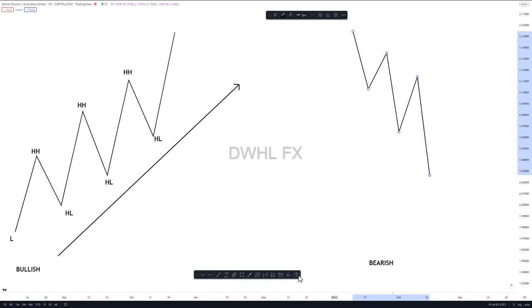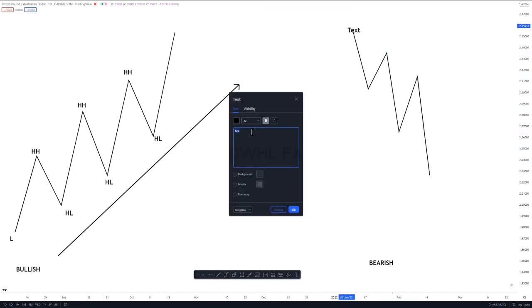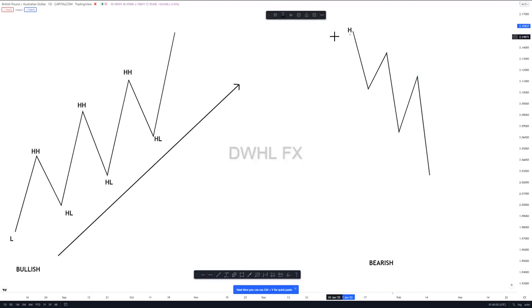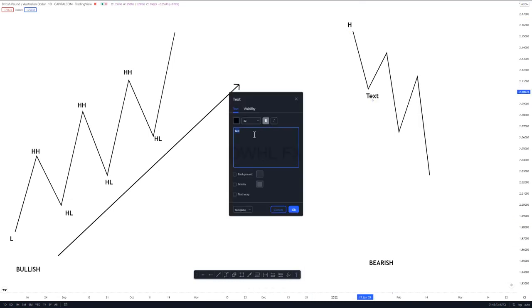Let me just label this one. So first of all, a high is created, then price creates a lower low. That's for a bearish structure.